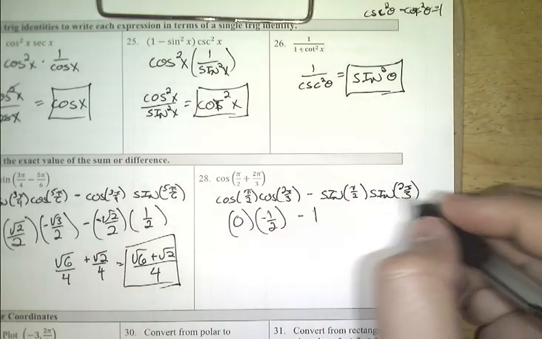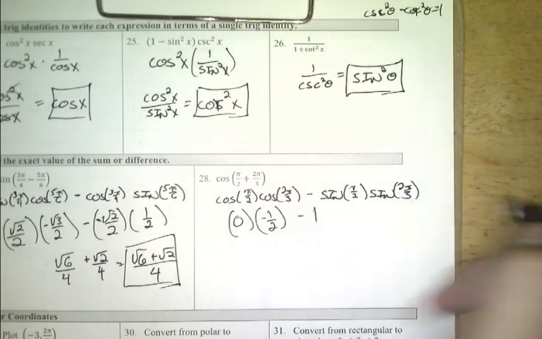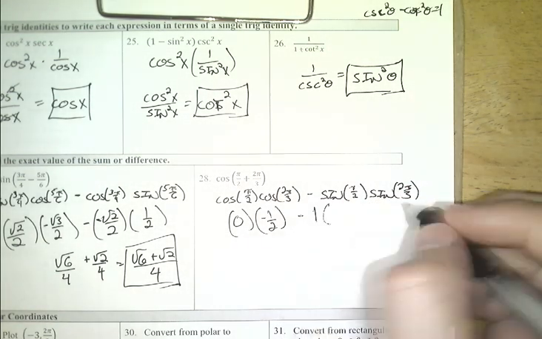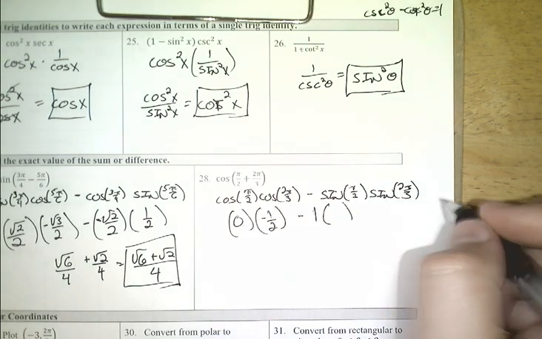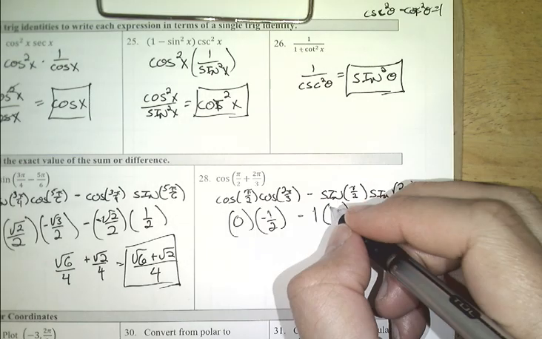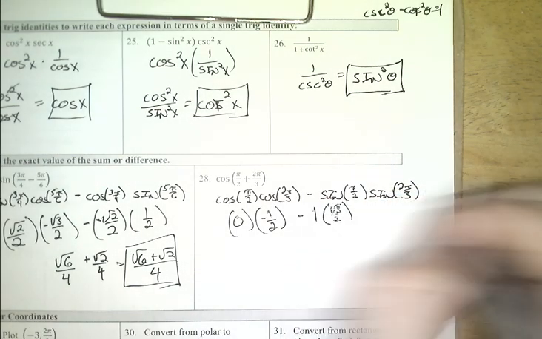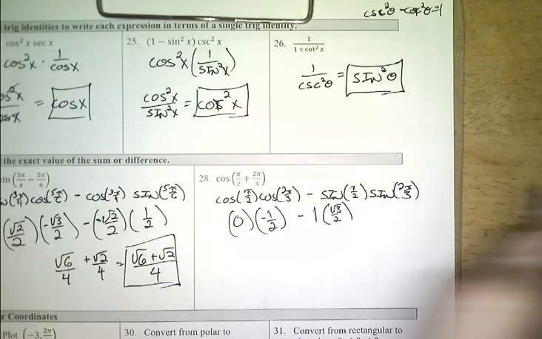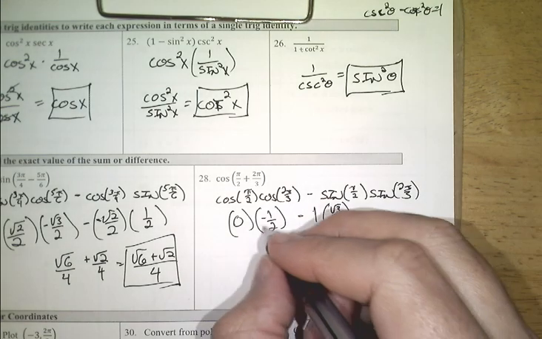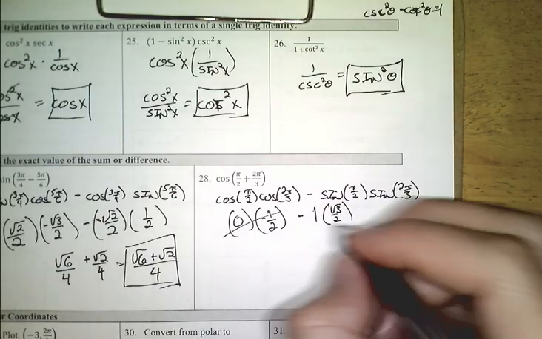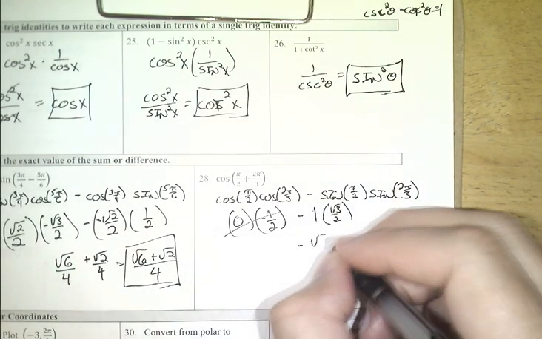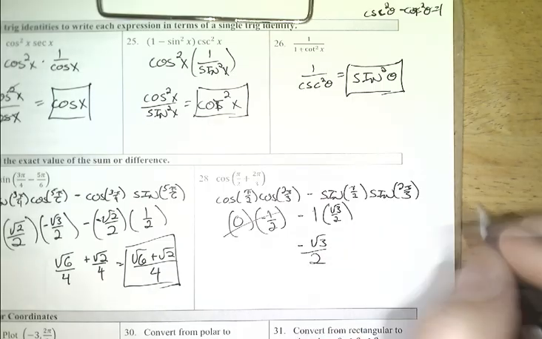And then sine of 2 pi over 3: all the over 3s are going to be root 3 over 2, in quadrant 2, so that'll be positive for sine. And so 0 times negative 1/2 goes away, so we have a negative root 3 over 2.